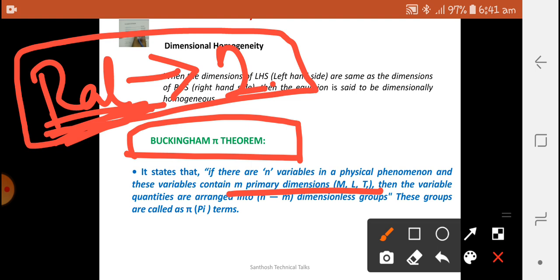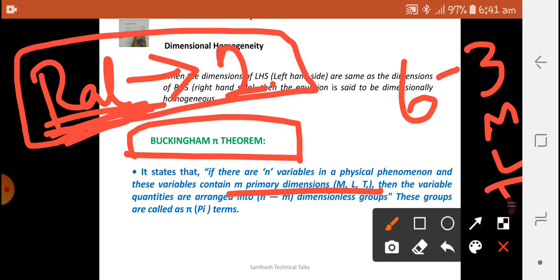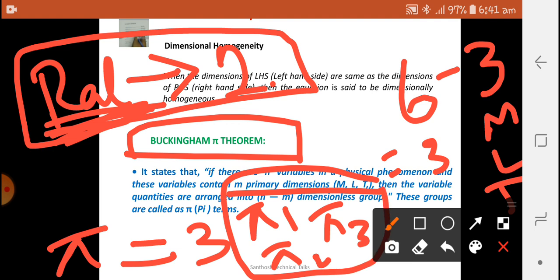If any physical phenomenon involves six variables, the fundamental dimensions are three, that is M, L, T. So 6 minus 3 is nothing but 3. Therefore, that problem has three pi terms. The number of pi terms is 3. So we have to find pi 1, pi 2 and pi 3 to get a relation between these pi terms.